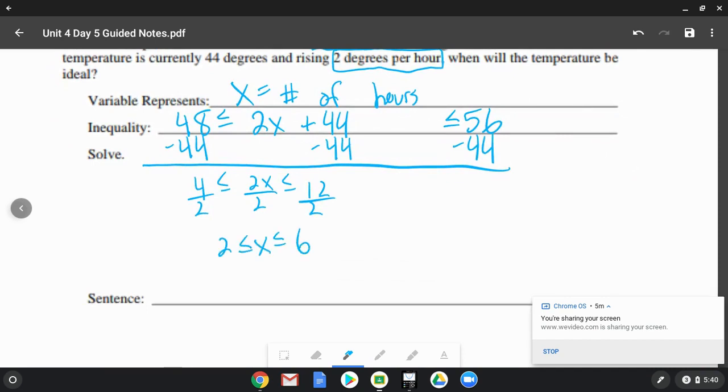So between 2 and 6 hours is going to be the ideal time to run this marathon. So you'd say in between 2 and 6 hours is the right time to run.